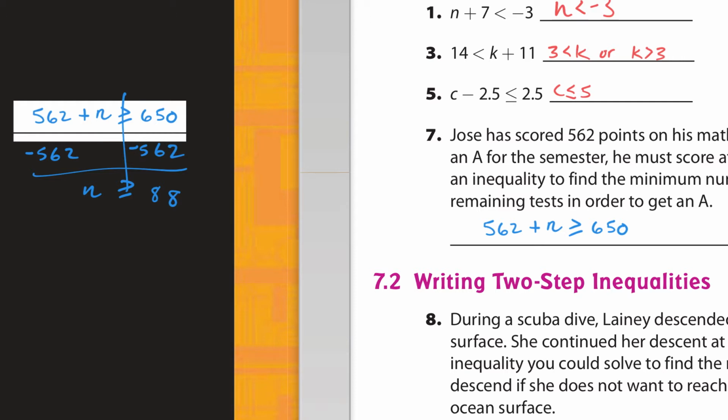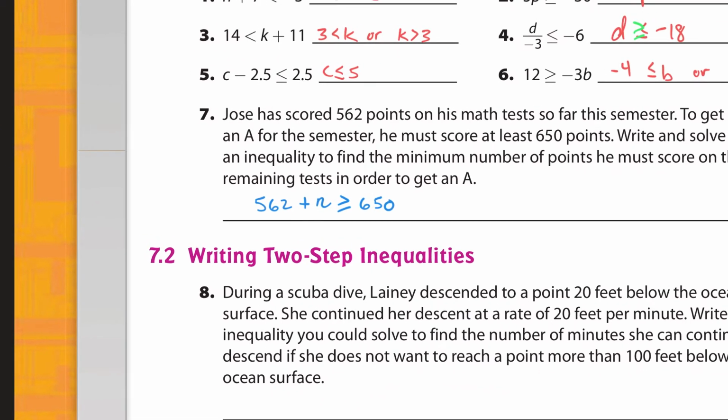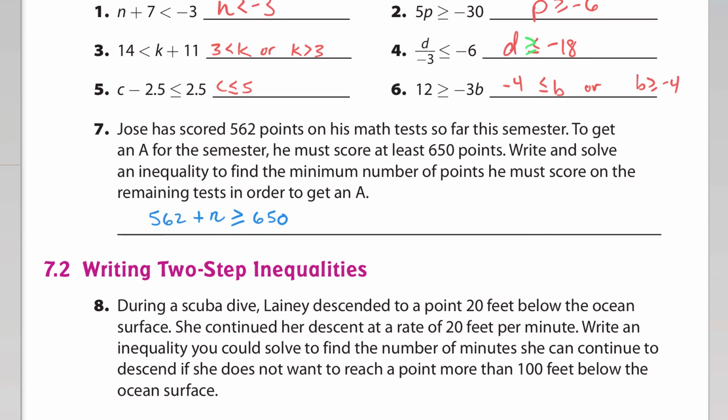So n has to be, he has to score at least 88 points. So I guess we could say n is greater than or equal to 88. So Jose has to score at least 88 points.